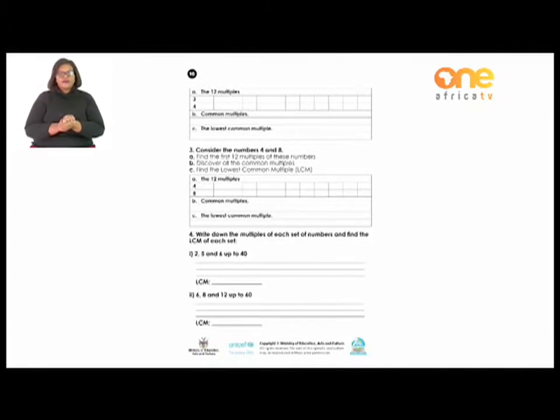So you have to find the multiples of 2 up to 40, 5 up to 40, and the multiples of 6 up to 40. And number 2, you have to find the multiples of 6, 8, and 12 up to 60. And then you have to write down the LCM.